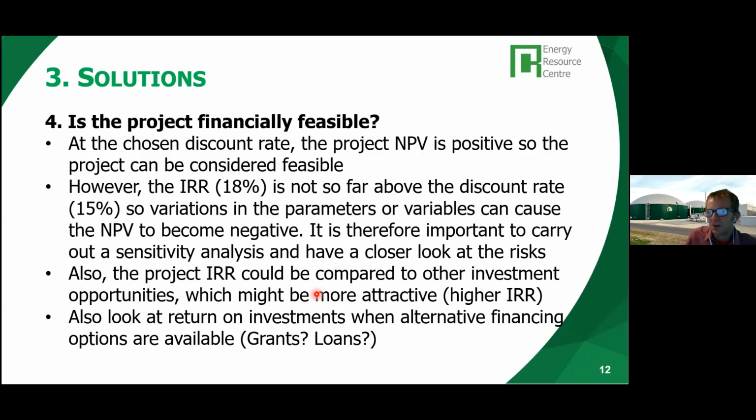Let's say if you have a project, for example, with an IRR of 20%, then it might just be possible to use a bank loan of, let's say, 15% interest.